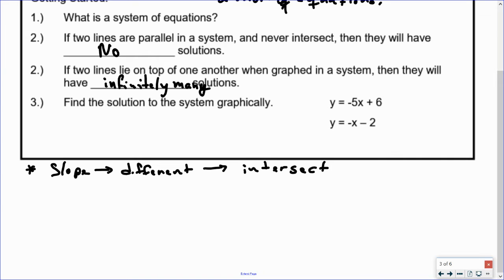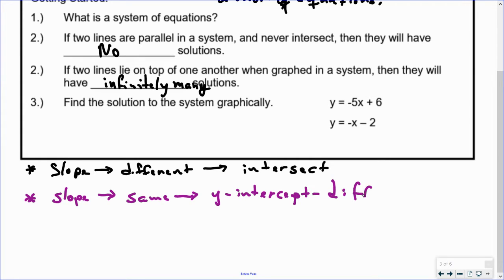Once I get this, I know that those two lines are going to intersect. What happens if the slopes are the same? Then I check the y-intercept. And if they are different, then these two lines are parallel, no solution.